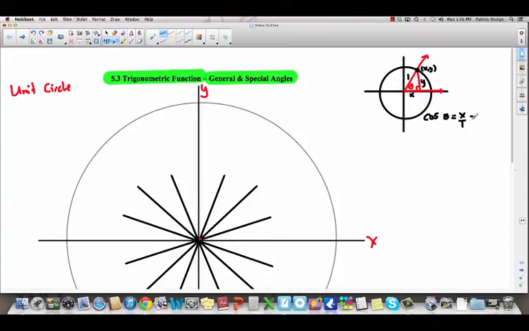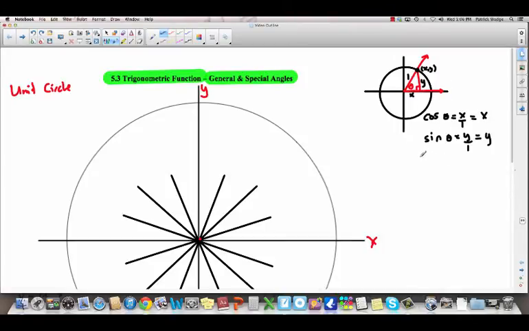And x over 1 is just the same as x. Interesting. Sine theta is equal to opposite, which is y, divided by hypotenuse, which is 1. And y over 1 is just the same as y. This is great. Do you see that the x value of this point is exactly the same as cosine theta, and the y value of this point is exactly the same as sine theta.